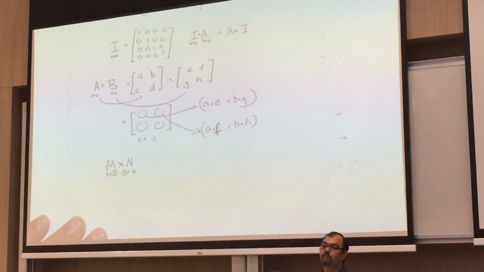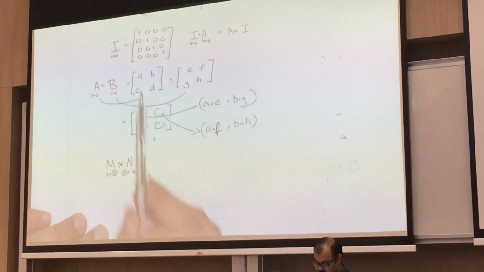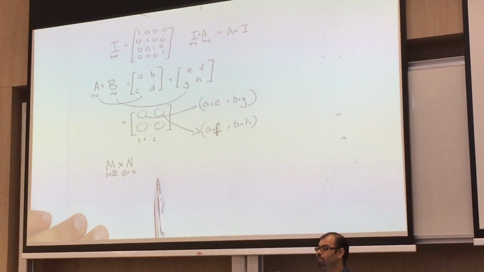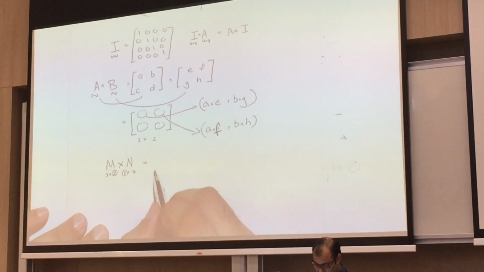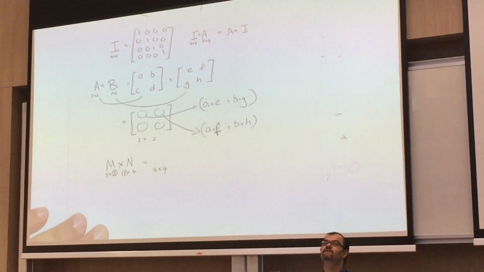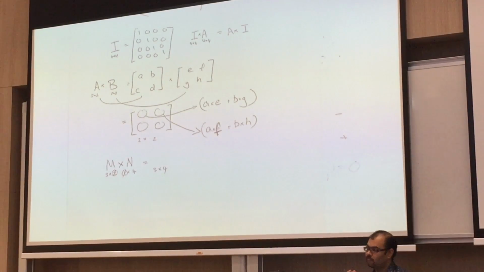Or else I cannot multiply them, because I cannot do the matching between the row and the column. But what will be the resultant matrix size? 3 by 4. Okay, just for info.